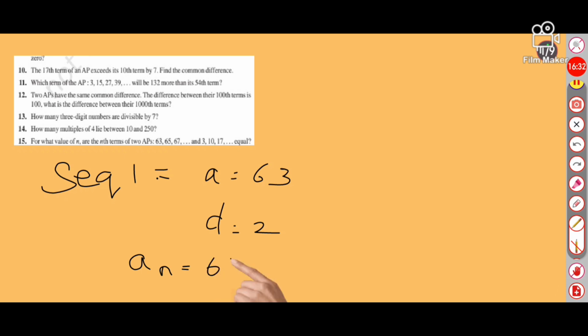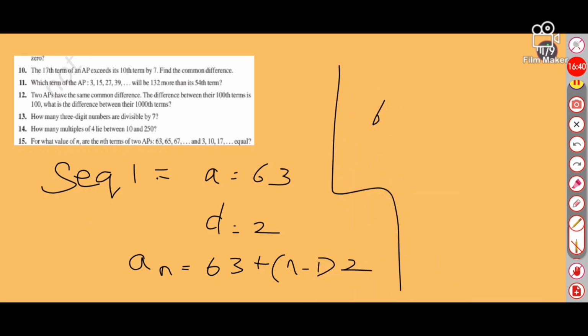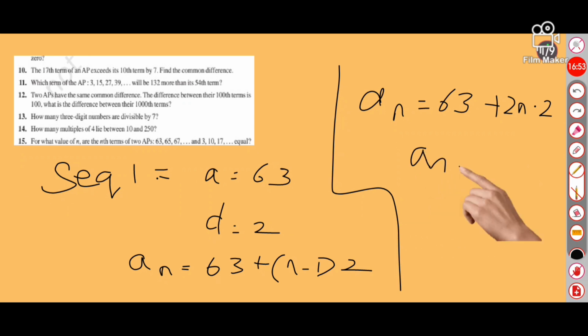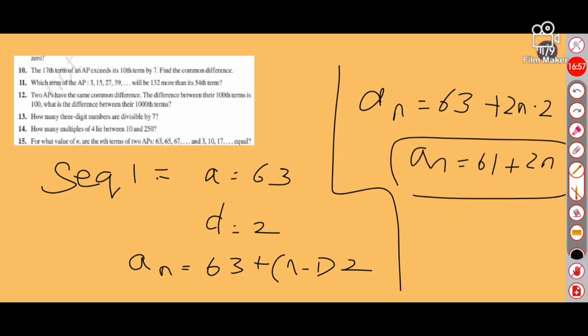So 63 plus n minus 1 into 2. That gives you an equal to 63 plus 2n minus 2, so an equals 61 plus 2n. So the an value of the first sequence is 61 plus 2n.